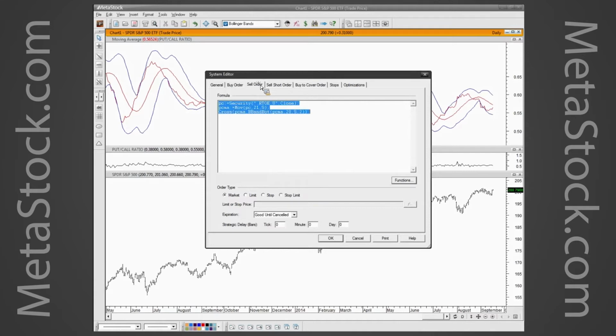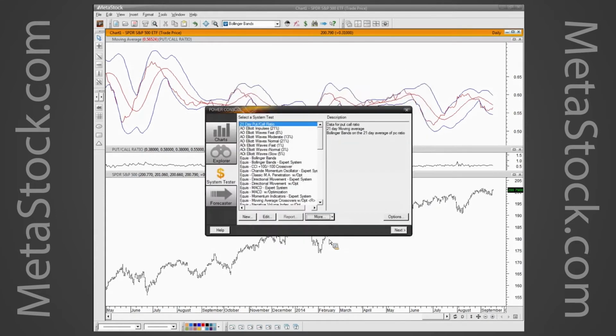So now we have our buy order and sell order formulas entered. We'll go ahead and run a simulation on this to see what kind of results we get.